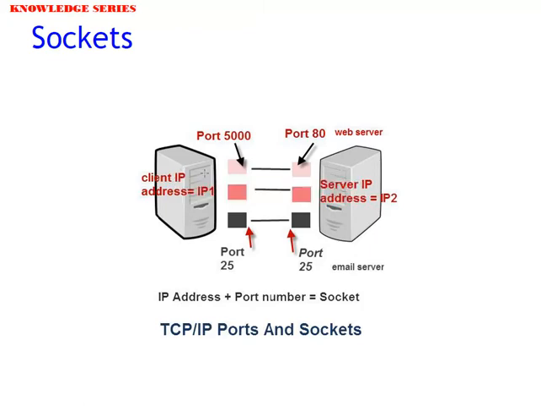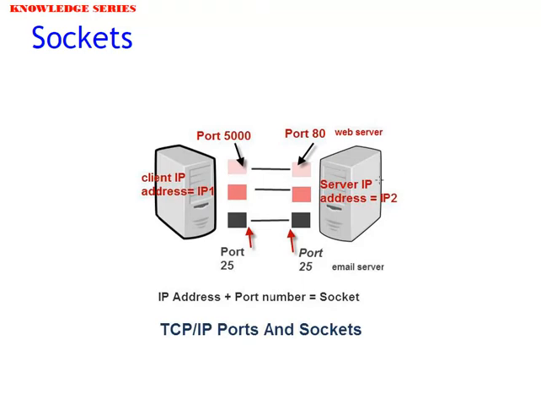Let us take one random value, say 60,000, to identify that connection. So IP1 plus the port number is going to be a socket. That is the socket with respect to you.